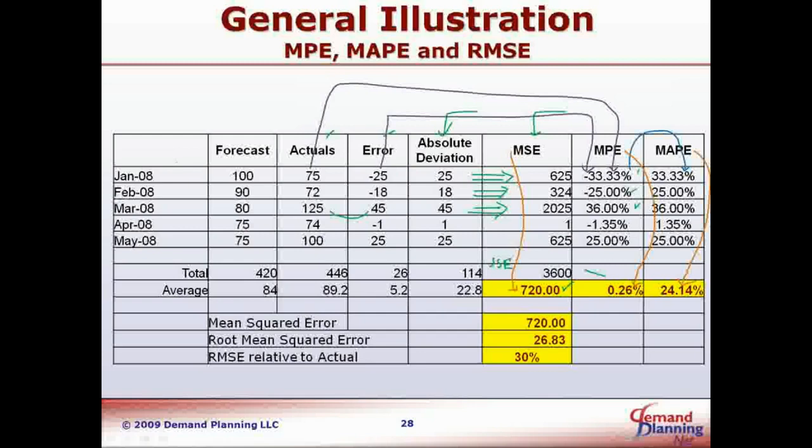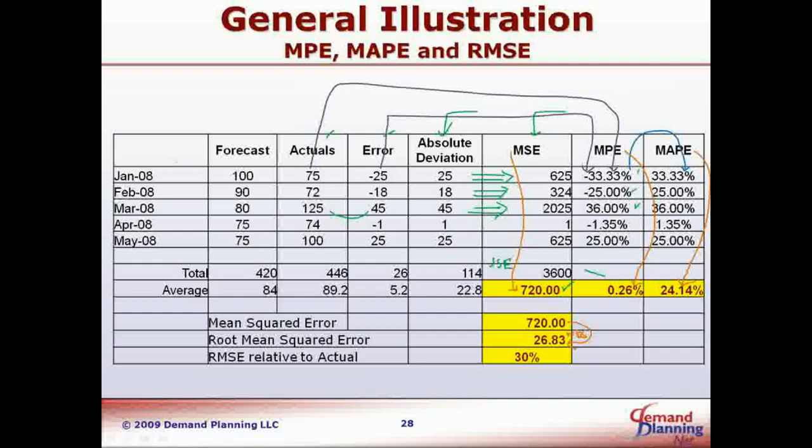MAPE is just taking the absolute value of this number. That gives you this column, MAPE. So your forecast errors or model diagnostics become a little bit different. Basically, you just take the absolute value of minus 33 to 33%. So these are all positive numbers.